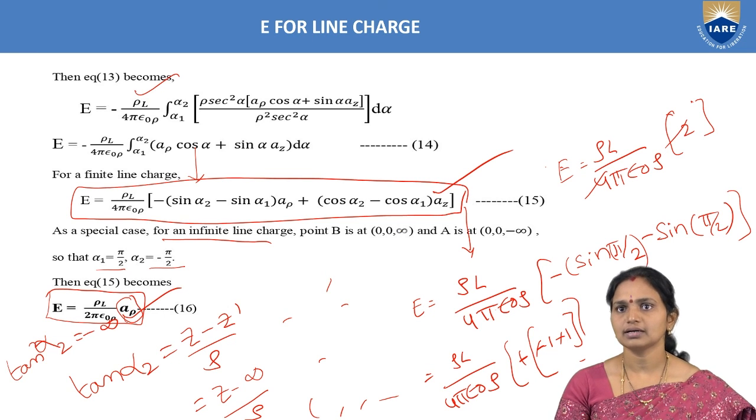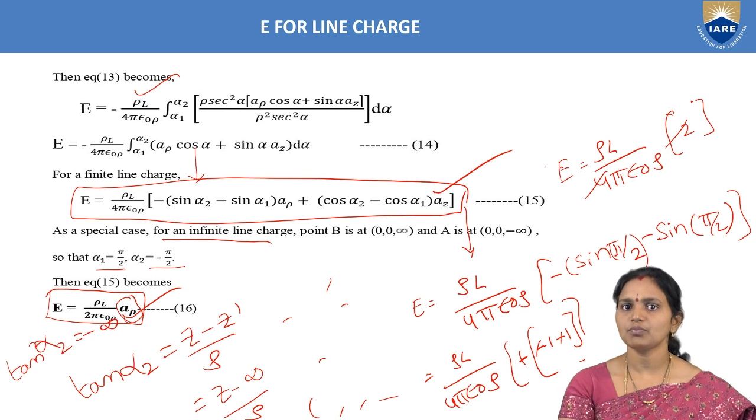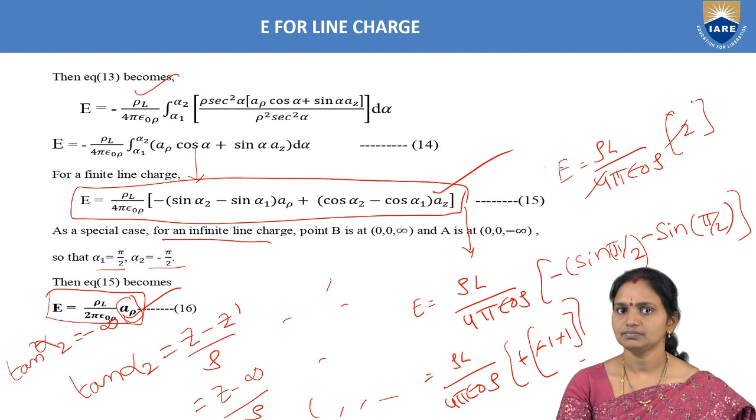And then by calculating the corresponding angles, we got alpha 1, the angle made by point P with minus infinity, which results in pi by 2, and alpha 2, the angle made by plus infinity point and point P. That is our point of interest, our field point. Then the angle alpha 2 results in minus pi by 2.